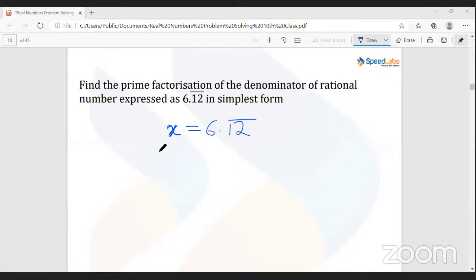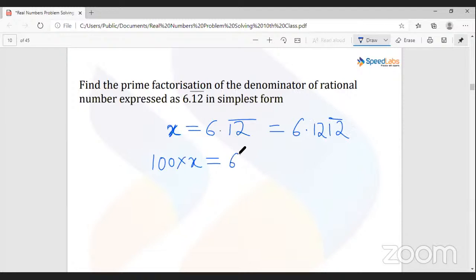So x is equal to 6.12 bar. Now I'll multiply this equation by 100, on the left hand side and the right hand side. So 100 into x. What will we get if we multiply 100 to 6.12 bar? 612.12. Yes.